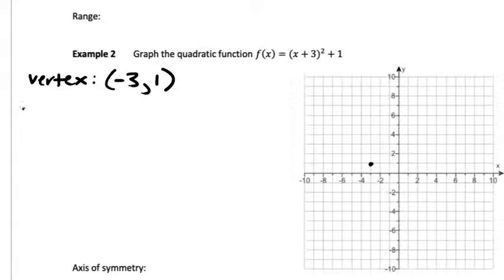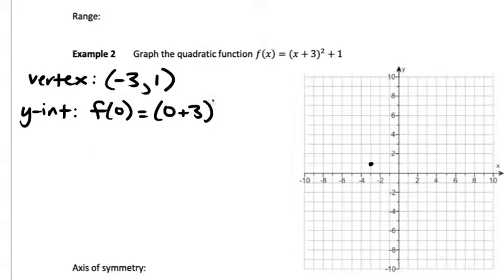For my y-intercept, I'm going to plug in 0. So we have 0 plus 3 squared plus 1. 0 plus 3 is 3. 3 squared is 9, and 9 plus 1 is 10.